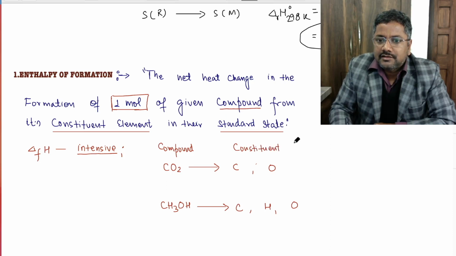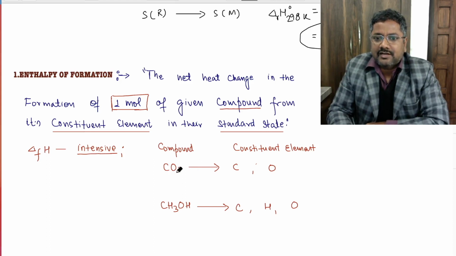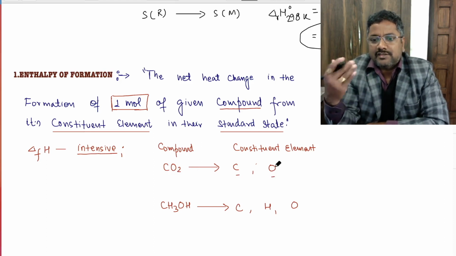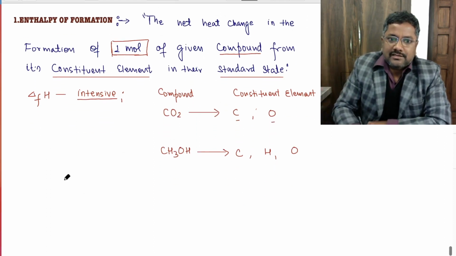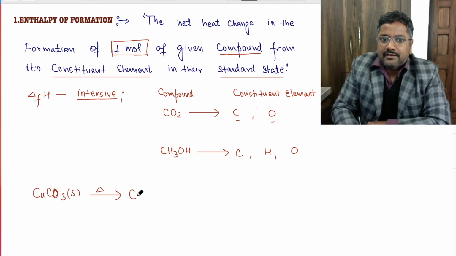Constituent element means if you are talking about the enthalpy of formation of carbon dioxide, then you have to make the carbon dioxide from carbon and oxygen, not from any other source. Means suppose we are heating this calcium carbonate solid. If you heat this calcium carbonate solid, you are getting calcium oxide solid plus carbon dioxide gas.